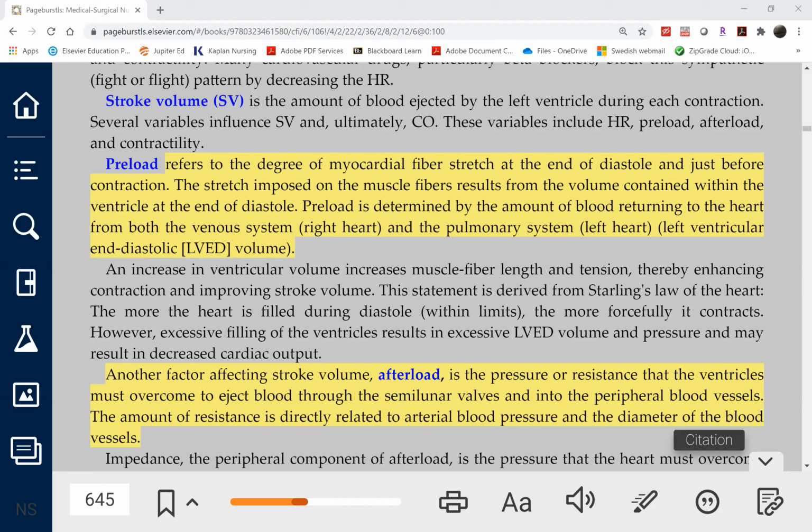So if there is an irregular heartbeat, irregular electrical conduction, will there be a good timing between atrial and ventricular contractions? The answer is no. So if there is no correct timing, will there still be a unidirectional flow of blood?